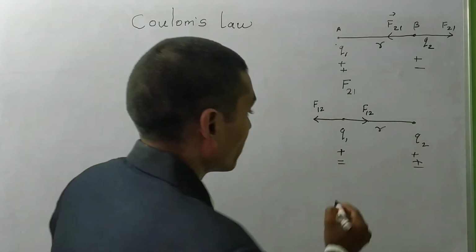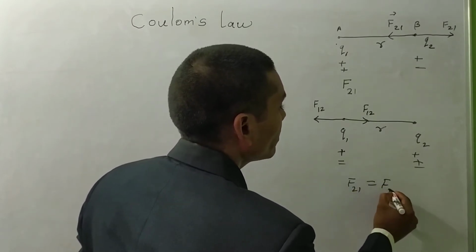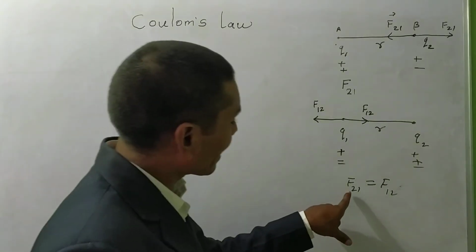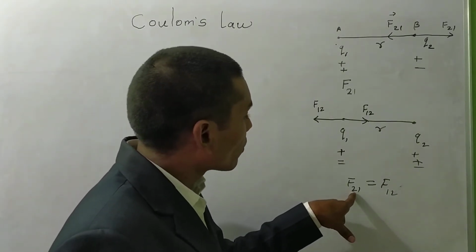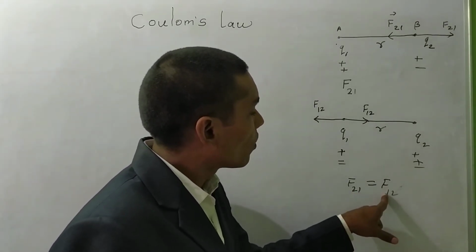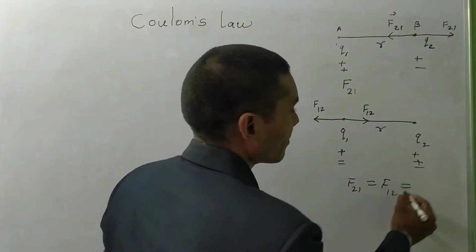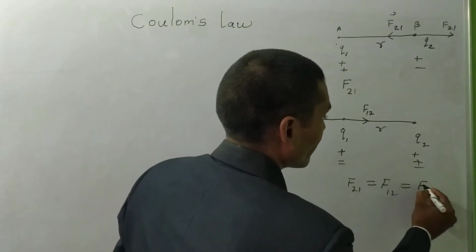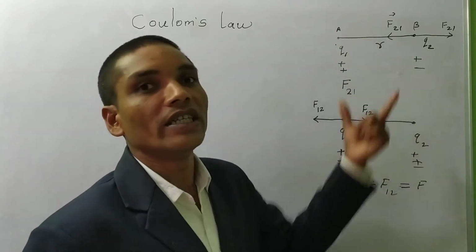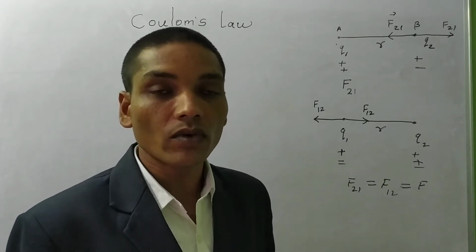Means F21 will be equal to F12: the force exerted on the second charge due to the first charge equals the force exerted on the first charge due to the second charge. These are equal, and can be written as F, the electrostatic force between two point charges. We have to calculate the magnitude of this force.